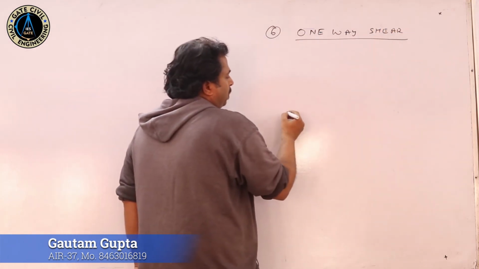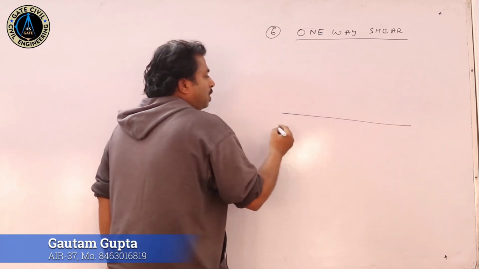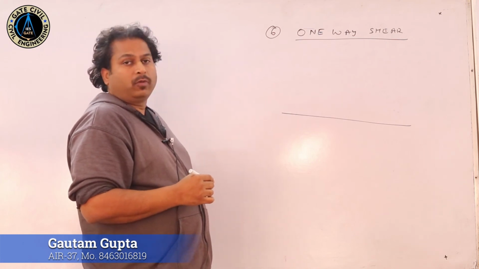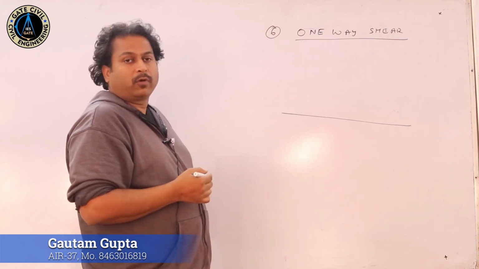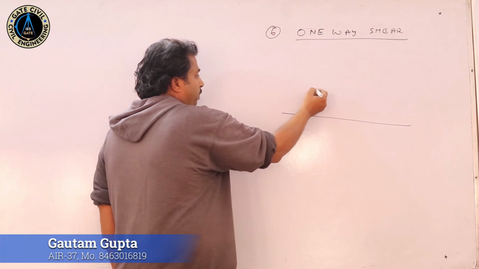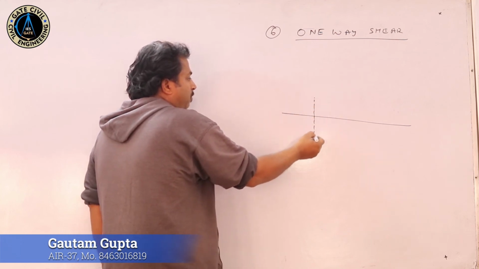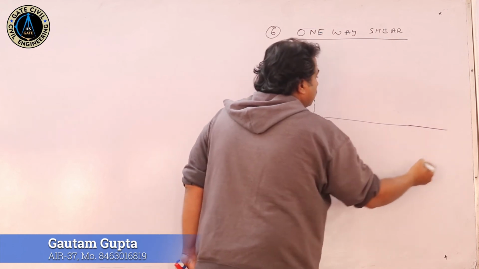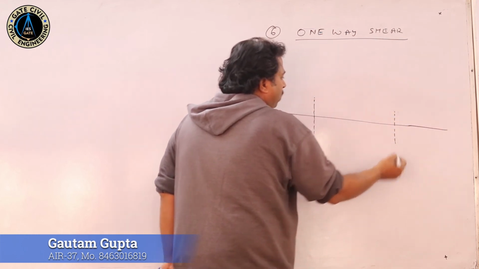Now, I am drawing the elementary shear force diagram which we had used in calculation of forces. This was the center line of column 1. This was the center line of column 2.